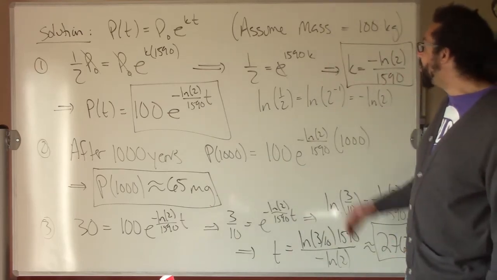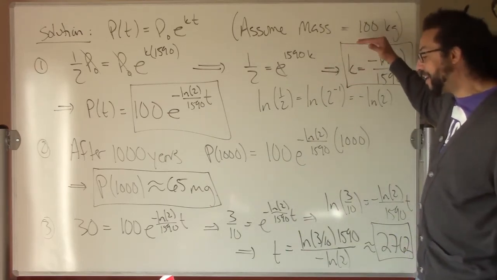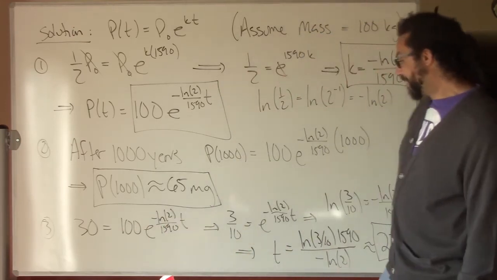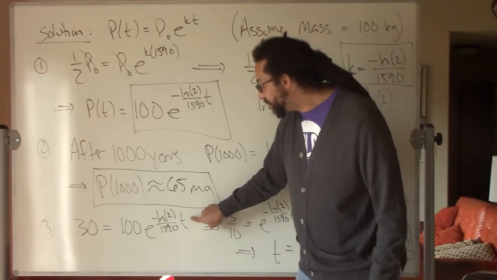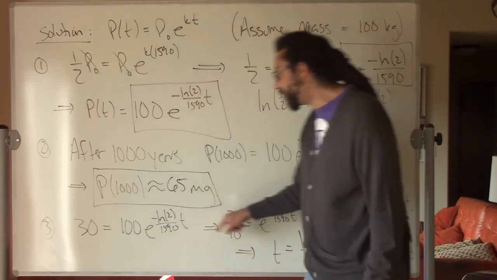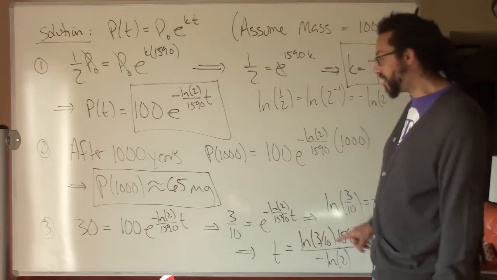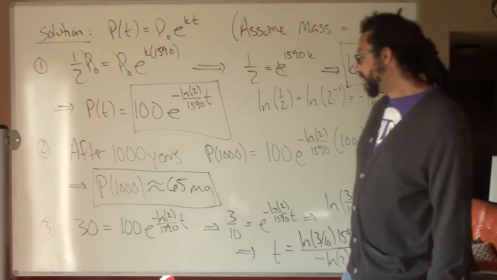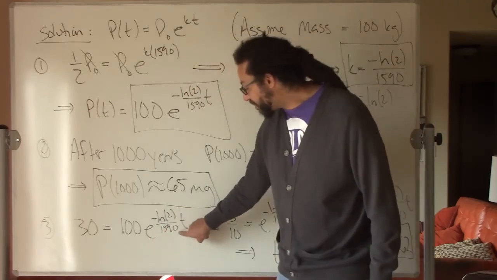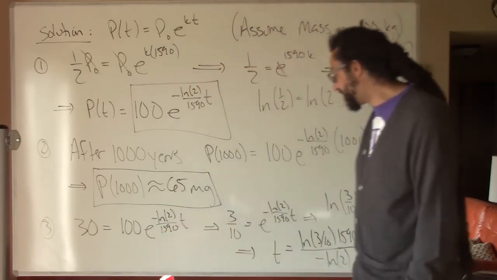And then how long will it take for this mass to decay down to 30 milligrams? Well, we want to know when the amount will go from 100 down to 30. So remember, the when questions, we want to solve for t. So 30 is equal to 100 e to the negative natural log 2 over 1590 times t.